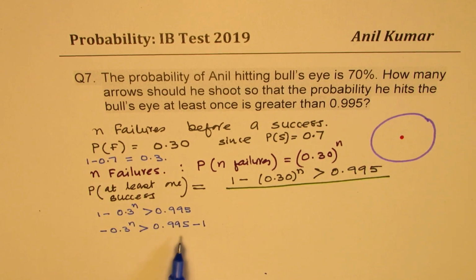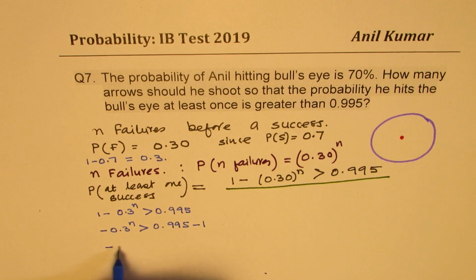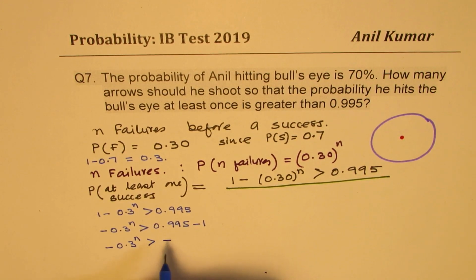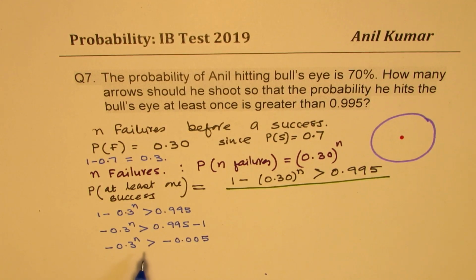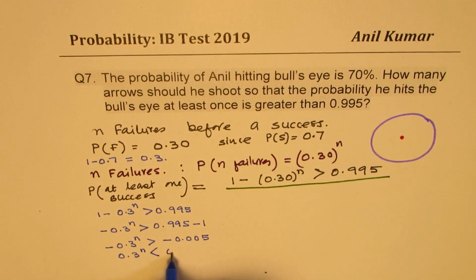Now, both are negative quantities, correct? So that gives you 0.005. Now, if I multiply by negative, I have to interchange the signs. Do you see that? So we get actually 0.3 to the power of n should be less than 0.005, correct?